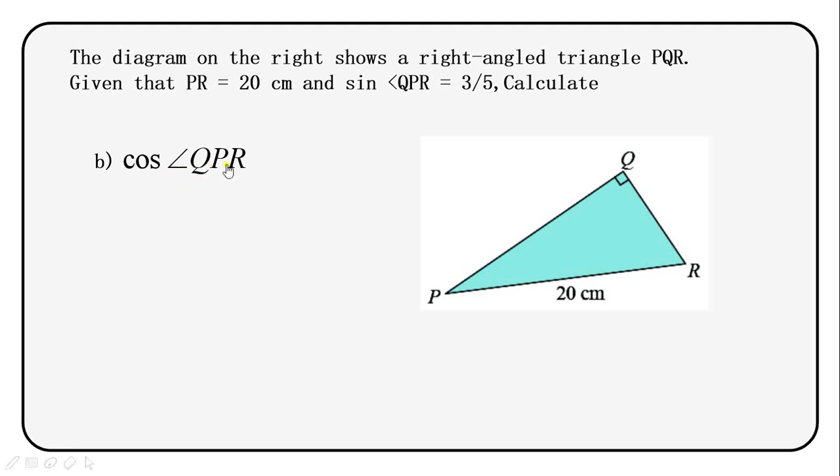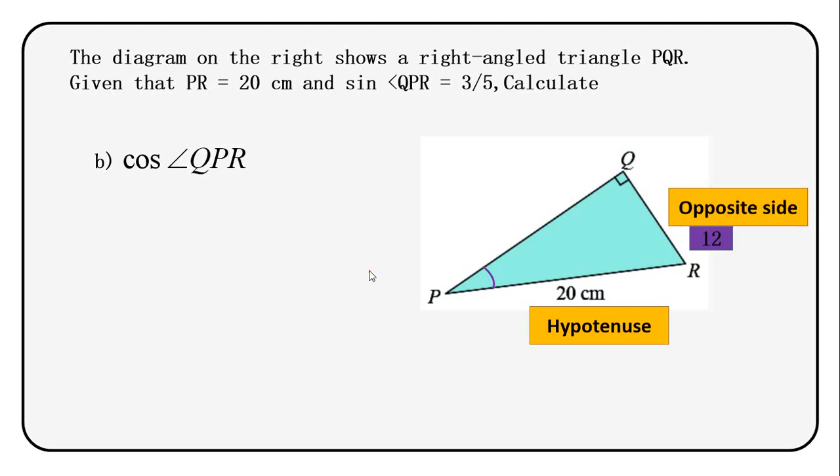Next, cos angle QPR. So we refer to the angle P. Identify the hypotenuse, the opposite side and the adjacent side. So remember the formula.